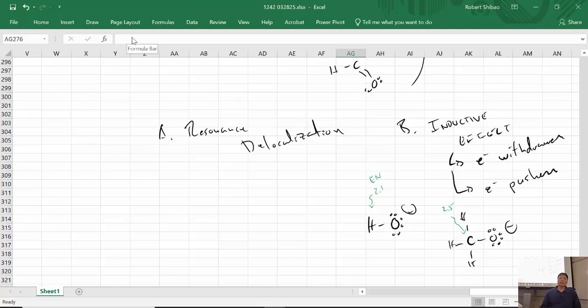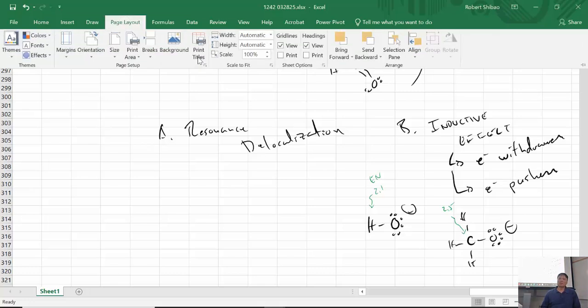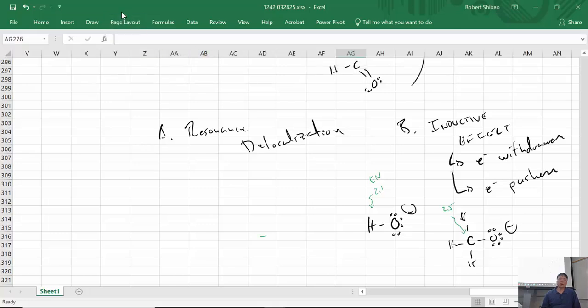And so when we have substituent groups like this, I'd like to look at methyl. Is methyl an electron withdrawer or is methyl an electron pusher? This is called the methyl substituent.